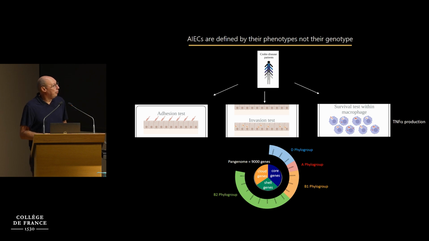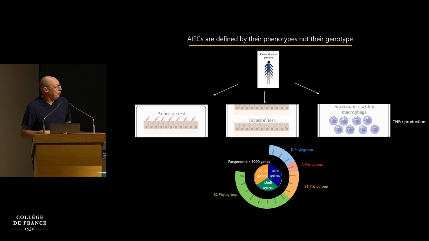to clinicians. In the lab, we have a small collection of AIEC bacteria that were collected from patients, so they survive all these tests. Emma, who is a PhD student in the lab, did an analysis of the genomic content of these bacteria.